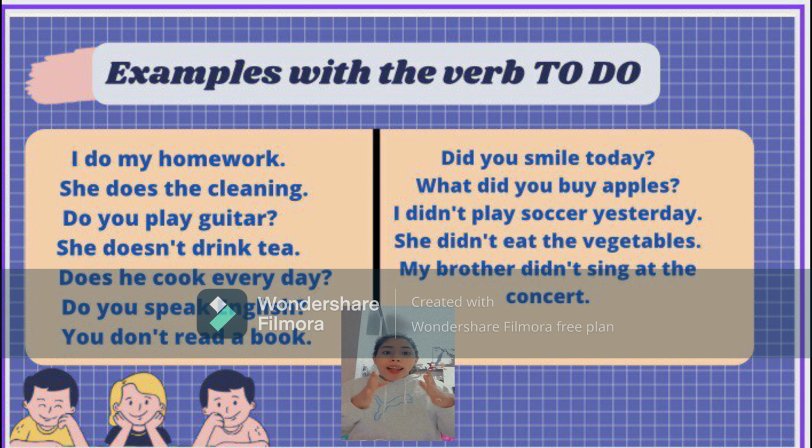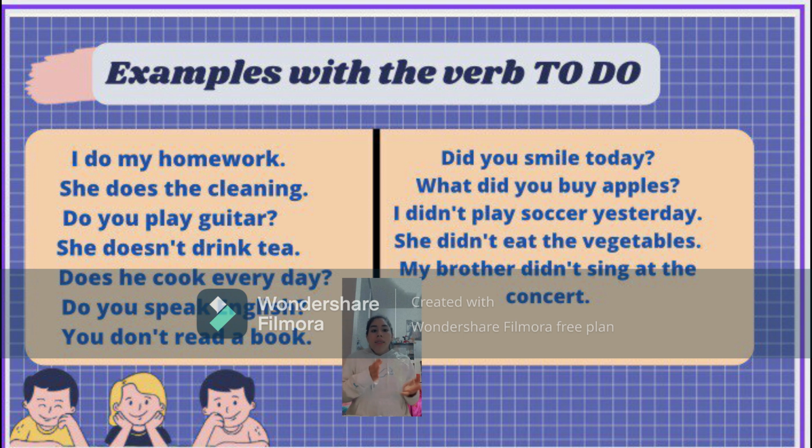Now let's take a look at some sentences to close this topic. Examples with the verb to do. I did my homework. In this sentence, the function is the main verb because it is the principal verb. She doesn't do cleaning.